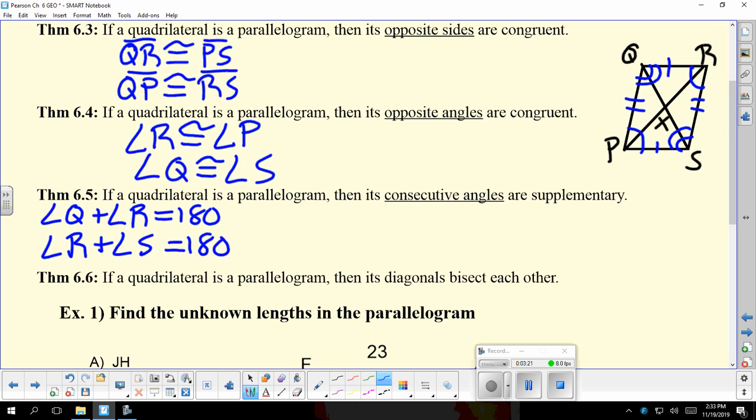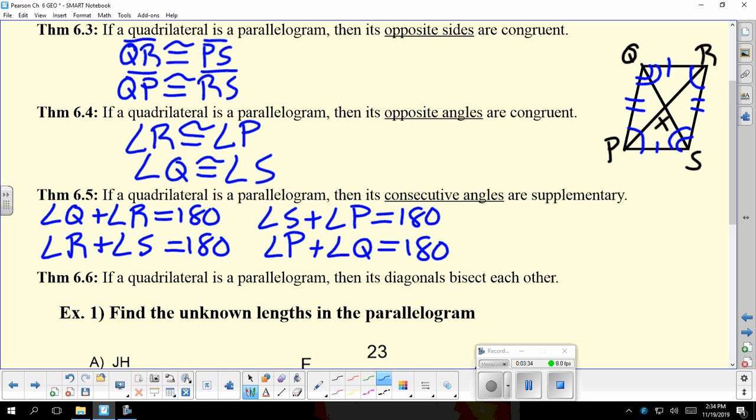Angle S plus angle P equals 180. Angle P plus angle Q also equals 180. So angles one after another are supplementary. They add to 180 degrees.